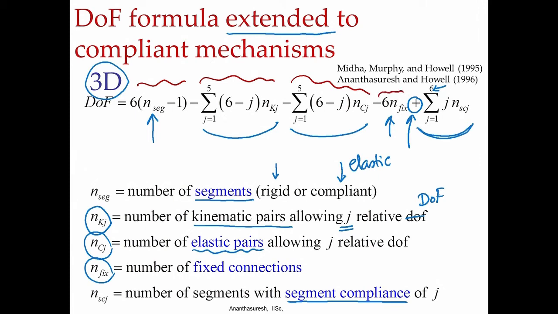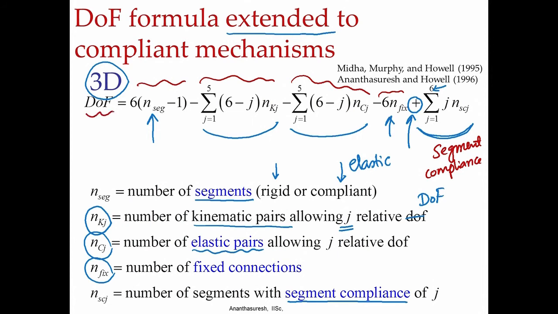N fix is there because occasionally we would need fixed connections among various segments in the mechanism. And this segment compliance is something that we will discuss a little bit more, so that we understand what the degrees of freedom means.